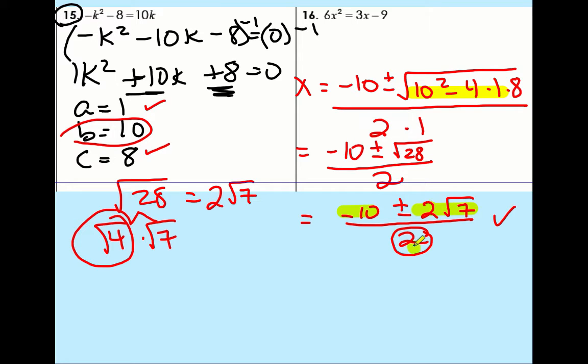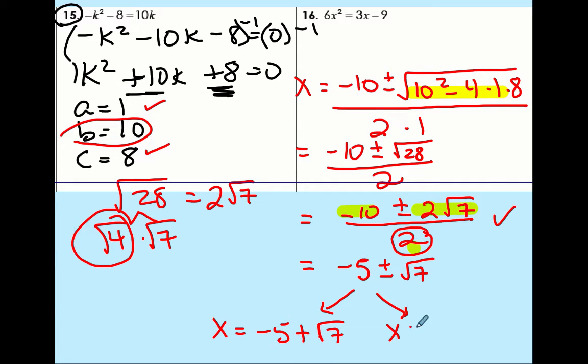So since 2 goes into 10 and 2, I will divide negative 10 by 2, which gives me negative 5. I still have my plus or minus, and 2 divided by 2 is 1, which leaves me just the square root of 7. So what this is saying is that one solution is negative 5 plus the square root of 7, and the other solution is x equals negative 5 minus the square root of 7.